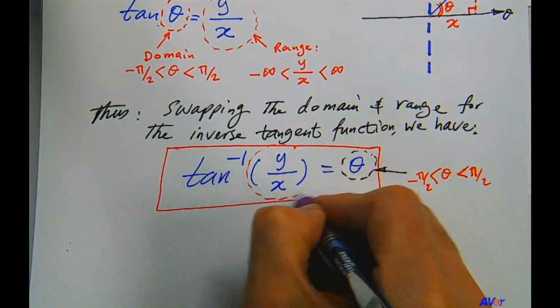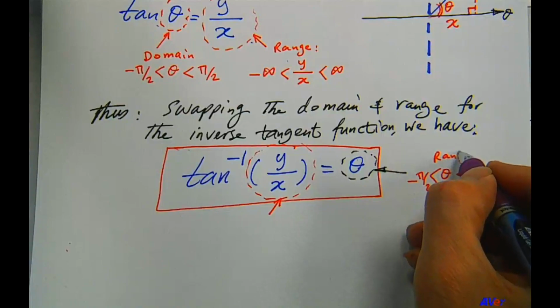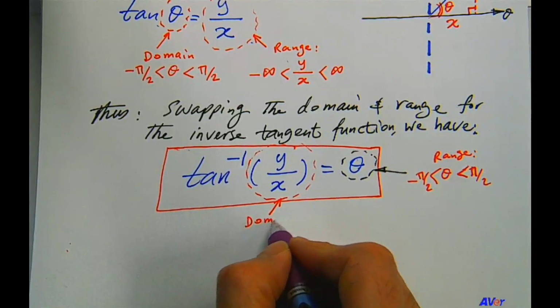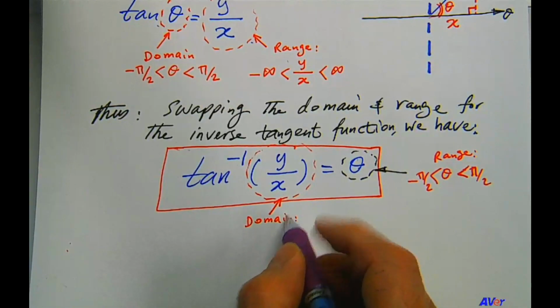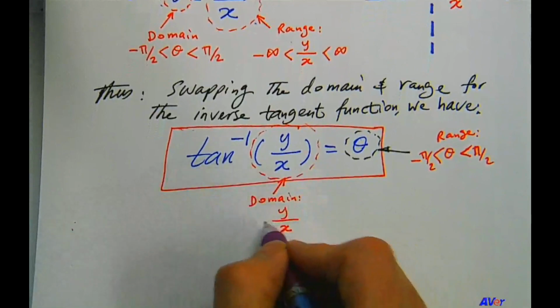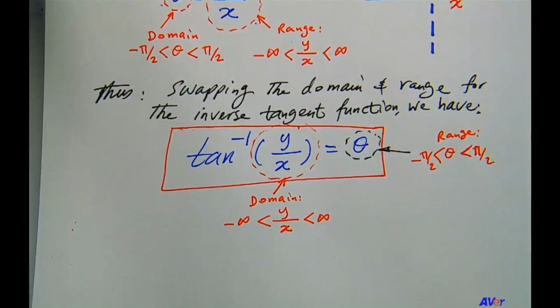So this is the range for the inverse tangent function, and this is the domain for the inverse tangent function, negative infinity to positive infinity.